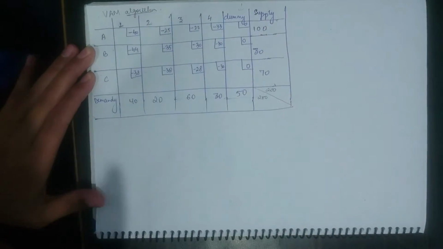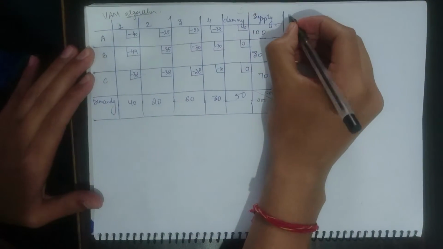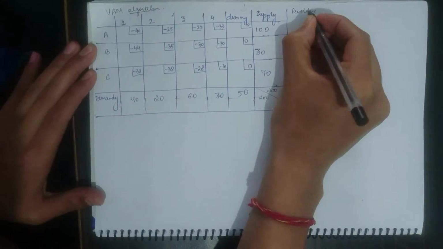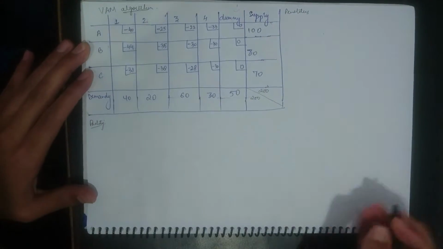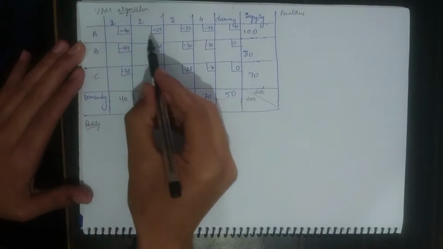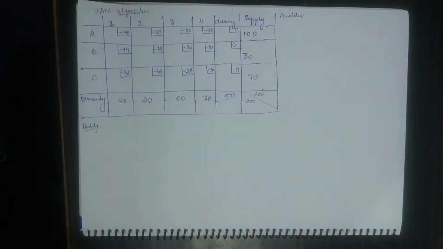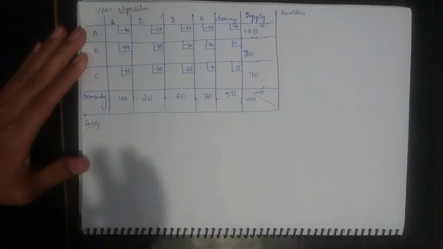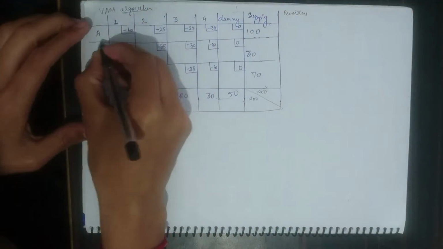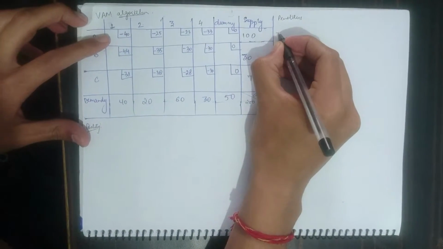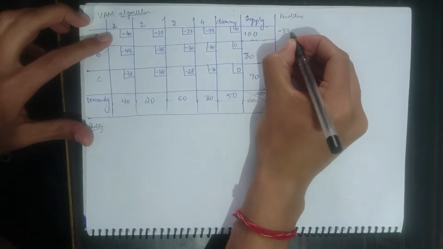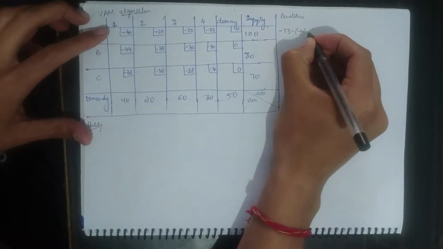So in this algorithm we calculate penalties associated with each row and each column. Okay. And to calculate the penalty we first find the two smallest elements of that row or column and we subtract them. Okay. So like in this row we find minus 33 minus 40, which is 7.